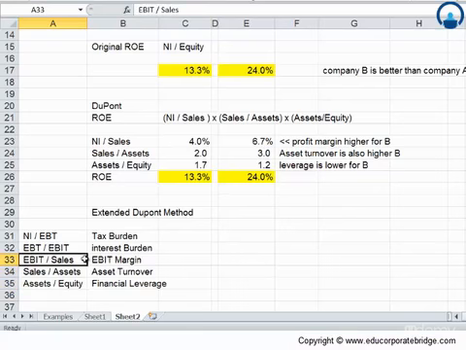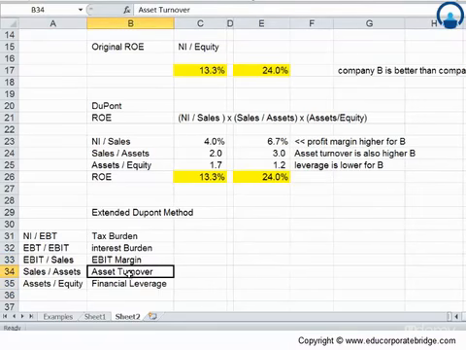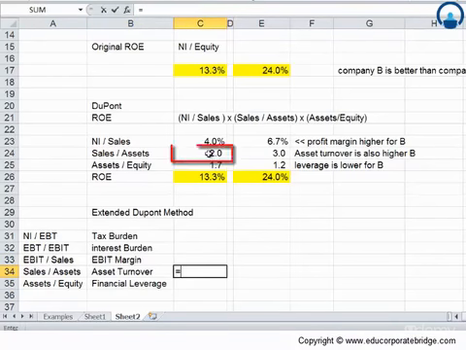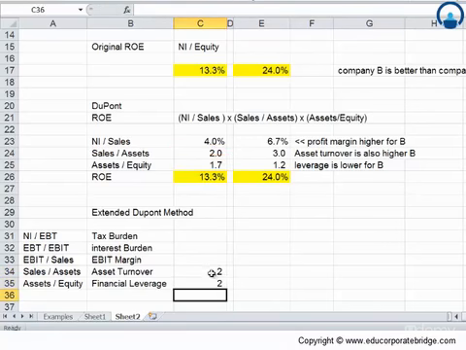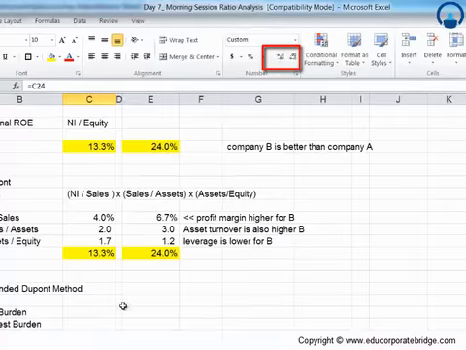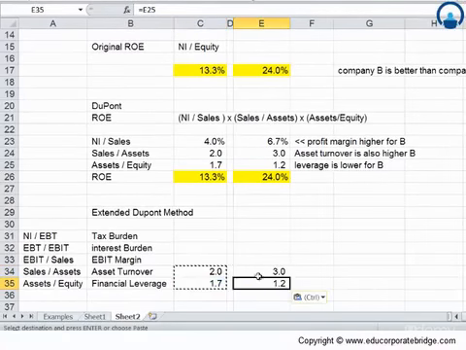Here we have already calculated the last two, so I'll just link these up for both companies, company A and company B, so that I don't have to calculate them again and again.